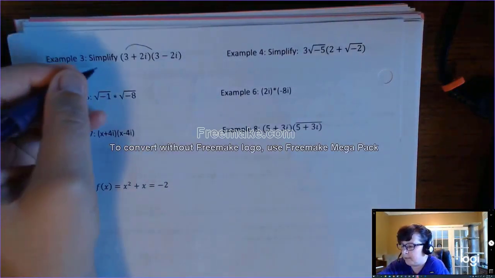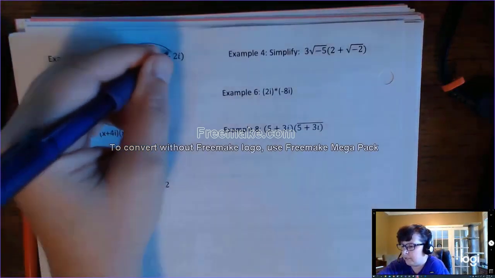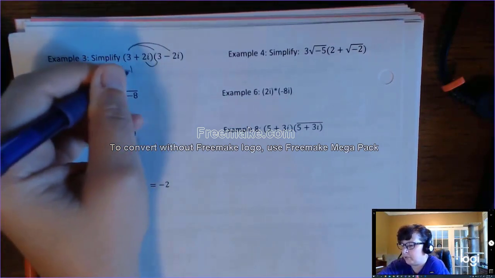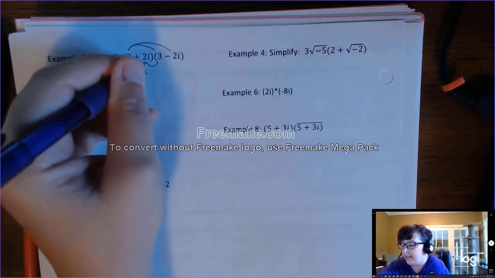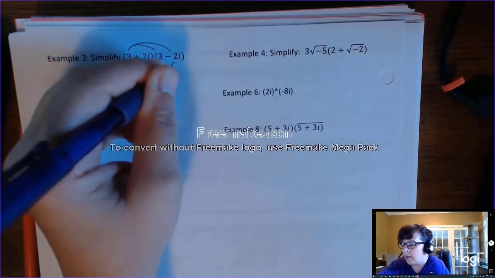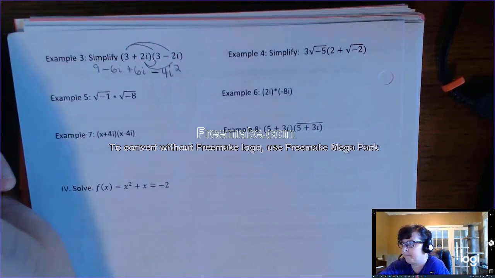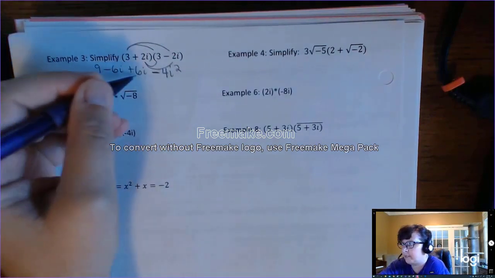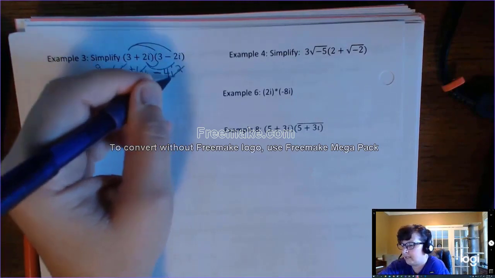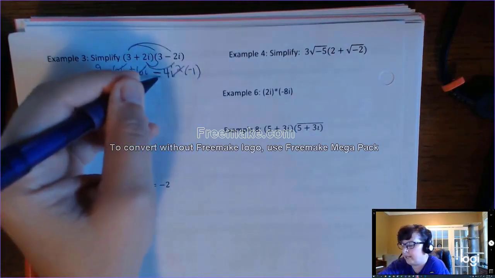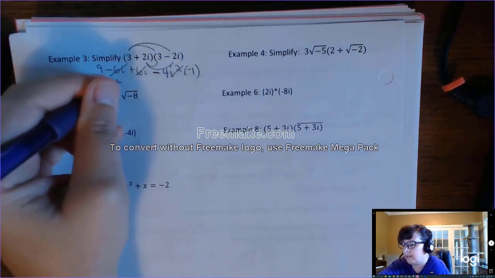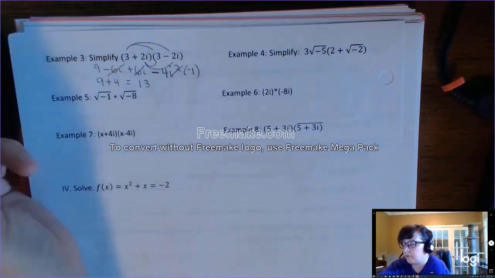If you multiply 3 times 3, you get 9, and 3 times -2i, you get -6i, and then 2i times 3, you get positive 6i, and then 2i times -2i is -4i squared. So again, -6i and positive 6i cancel, and again i squared is -1. So -4 times -1 is positive 4, and you get 13.